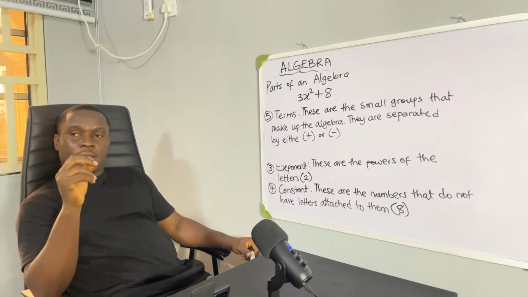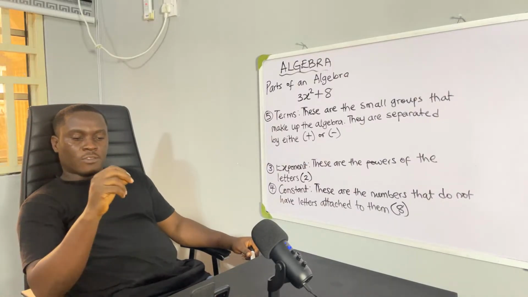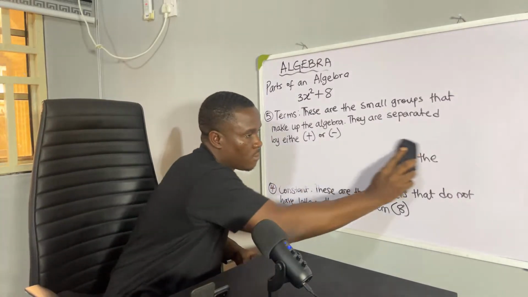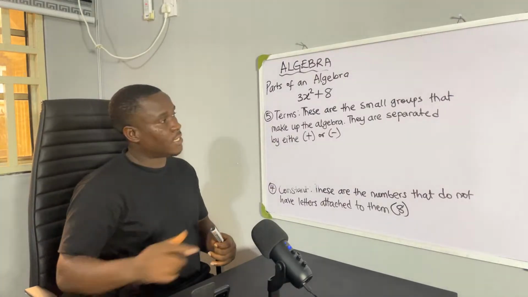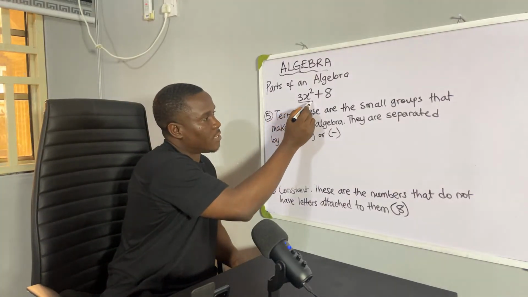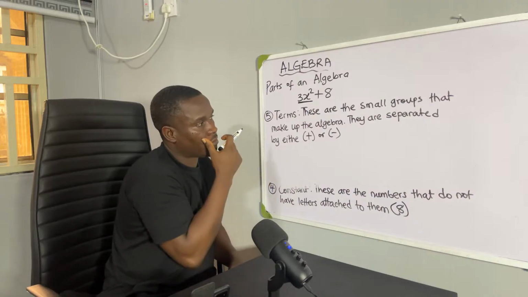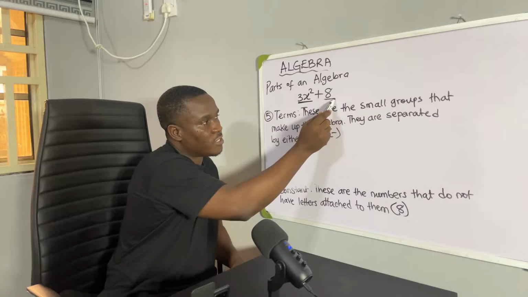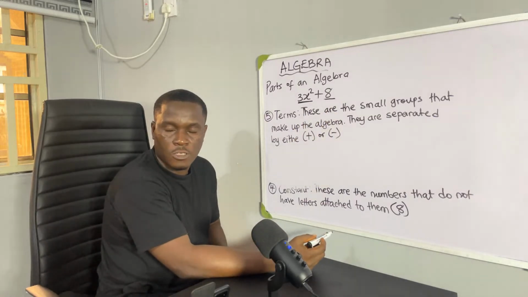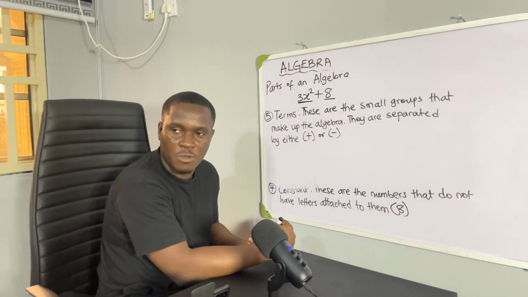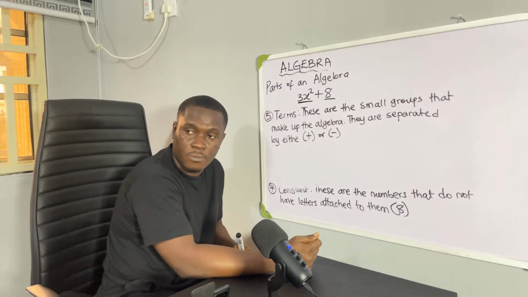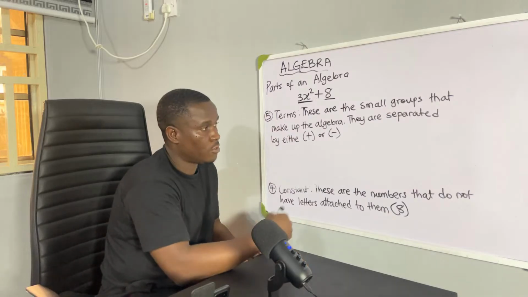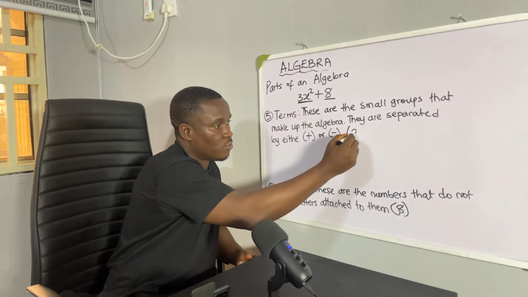They are separated by either a plus sign or a minus sign. So you can see that these are together, right? And then there's a plus sign here, and then 8 is on its own. So we can say that this algebra is made up of two groups, or two terms. Right. Good. So this algebra contains two terms.